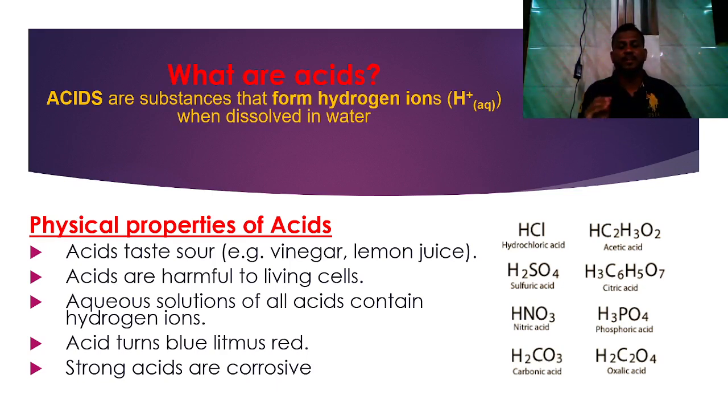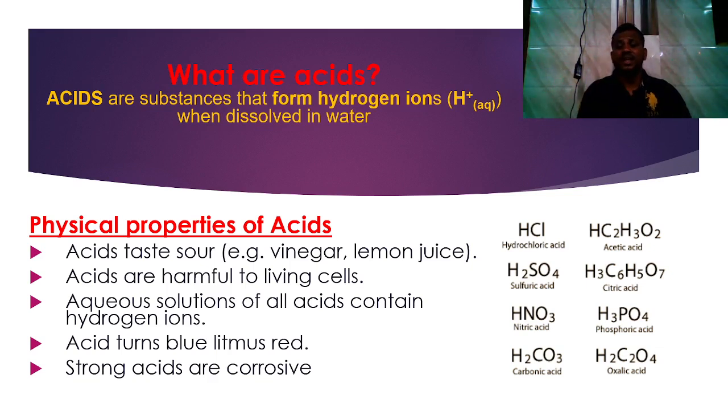We must remember these properties of acids. In the exam they can ask, write some physical properties of an acid, then we point out all these points and we will score good marks.